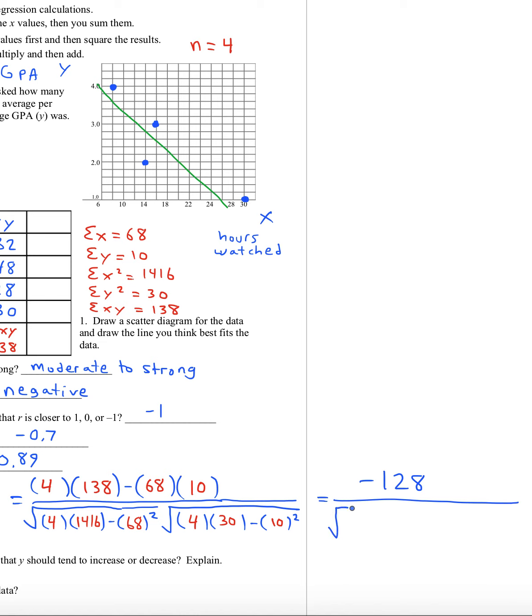Then you can put a square root for the left side and a square root for the right side, and just calculate that part of the denominator first on the calculator. It's 1040. And then calculate this right side on the calculator, and that's 20.